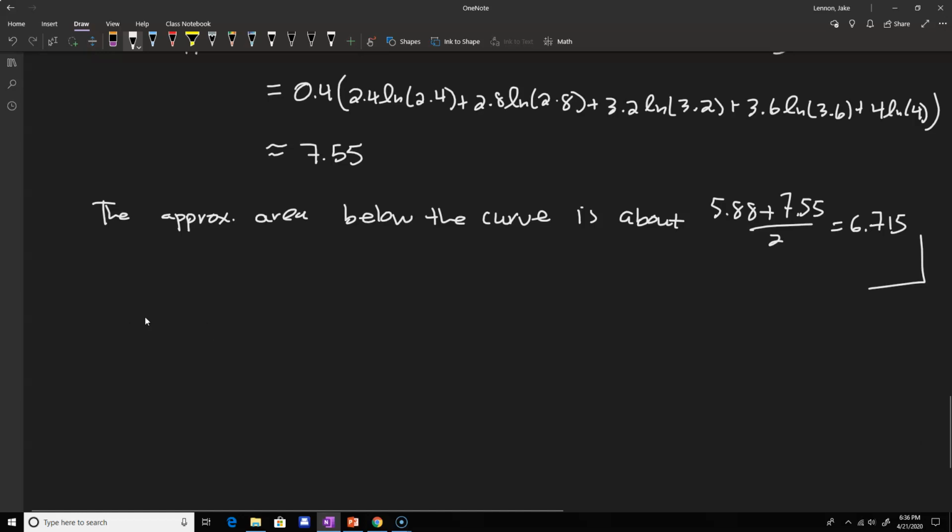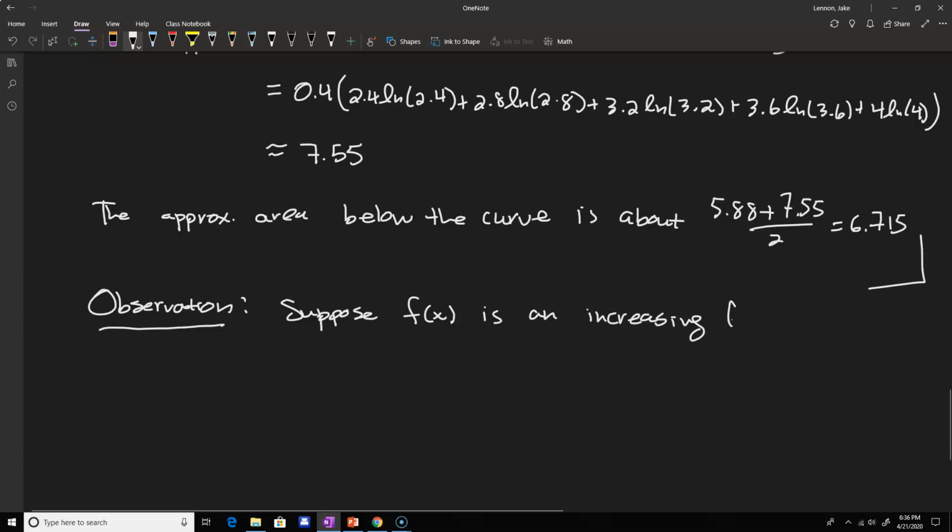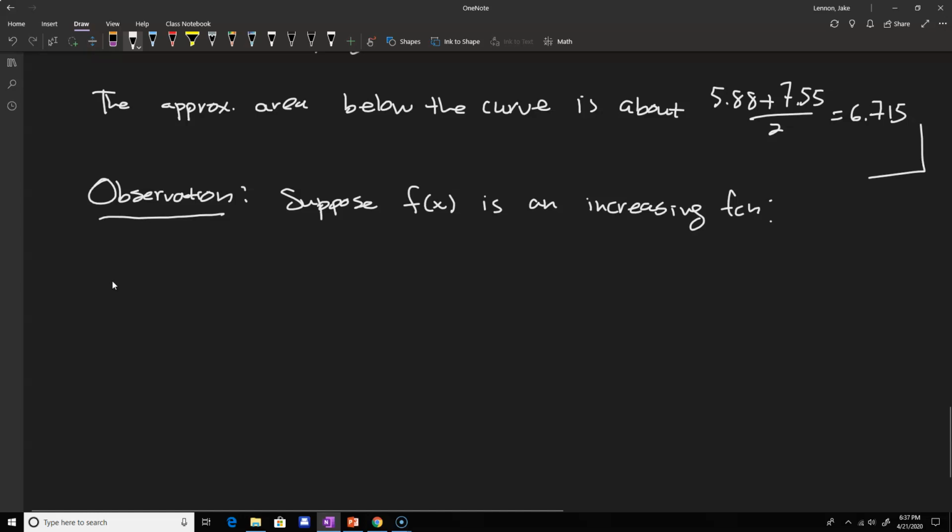I mean, it depends on how complicated the function is, but one easy case, observation, let's say, suppose f of x is an increasing function. Then what happens is, if your function's increasing, it's moving upward.